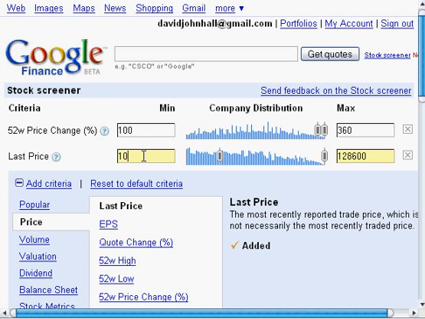And at retailtrader.net, we like to limit our risk and focus only on stocks that tend to move in more predictable price patterns, which in our back testing has proven to be stocks trading over $10. Now, on the maximum column here, we want to enter a number of 50. And the reason for this is that we are looking for stocks with some growth potential and some upward potential.